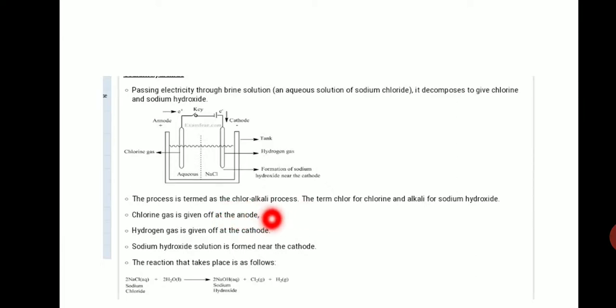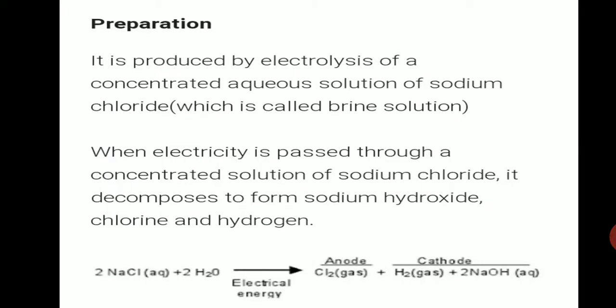Why did this name come? Because when we prepare sodium hydroxide, we get the products chlorine, hydrogen and sodium hydroxide. Sodium hydroxide we call an alkali, and another product is chlorine.